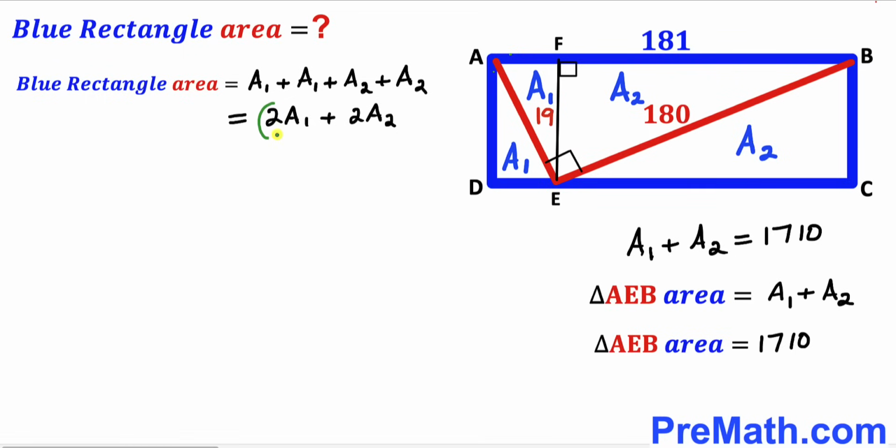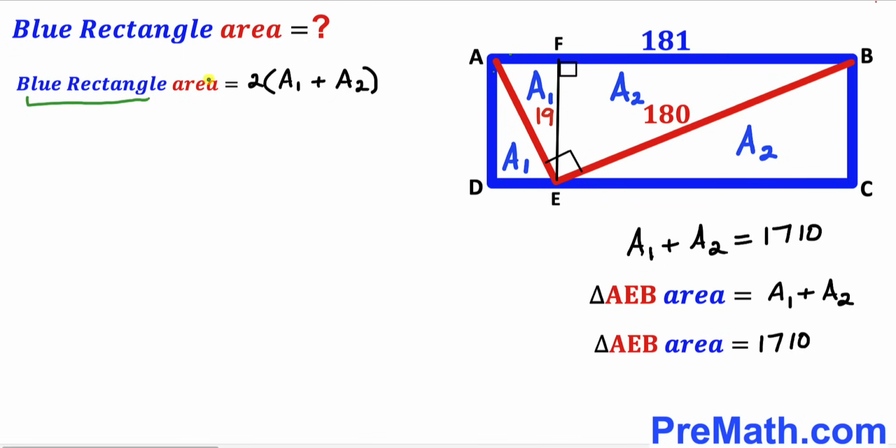Here we can see 2 is in common, so we can factor out 2. We get 2 times, in parentheses, A sub 1 plus A sub 2. Now we know from this equation that A sub 1 plus A sub 2 is 1710 square units.